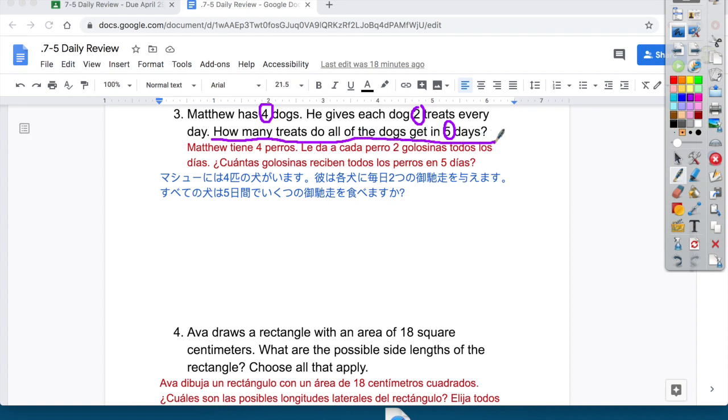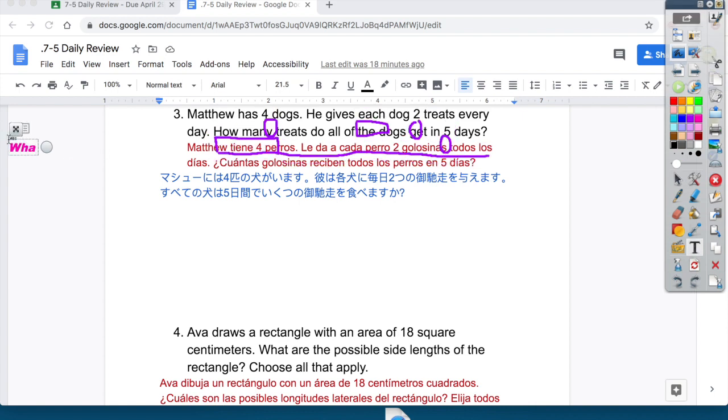We're going to box any math action words that we see. So how many, each. All right. And even though every is not a math action word, that lets us know that it's happening more than once. Okay? All right, let's look at what we know.